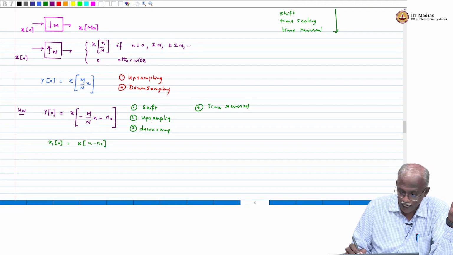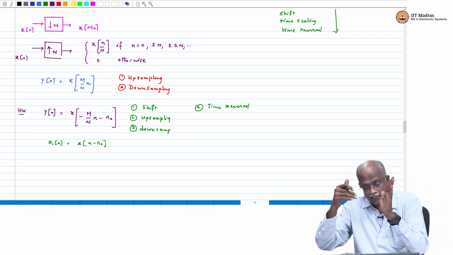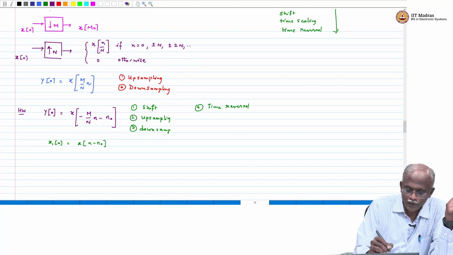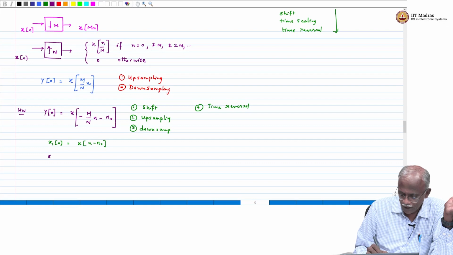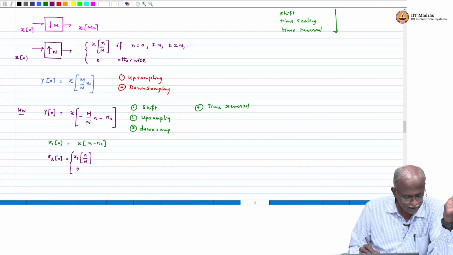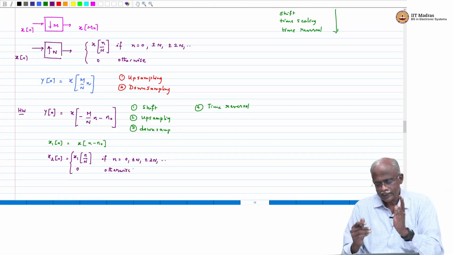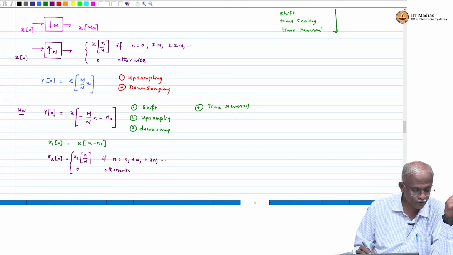The second one is upsampling, n divided by uppercase N. So we are going to define a second sequence x2 of n, which is x1 of n by N. Notice that you will also have to specify that the non-zero values will occur if n equal to 0, plus minus N, plus minus 2N and so on, and it will be equal to 0 otherwise. So, this is the upsampled signal. You have inserted N minus 1 zeros between successive samples.